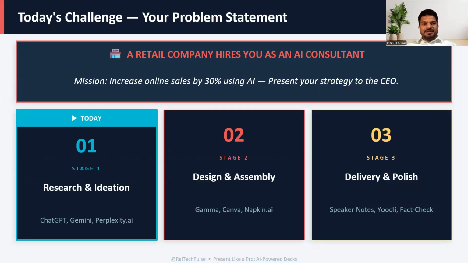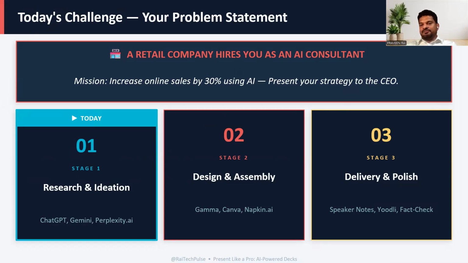As I mentioned earlier, we use this tree structure for research and ideation. We use ChatGPT, Gemini and Perplexity.ai. Then stage 2, we'll use for design and assembly: Gamma, Canva, and Napkin tools.